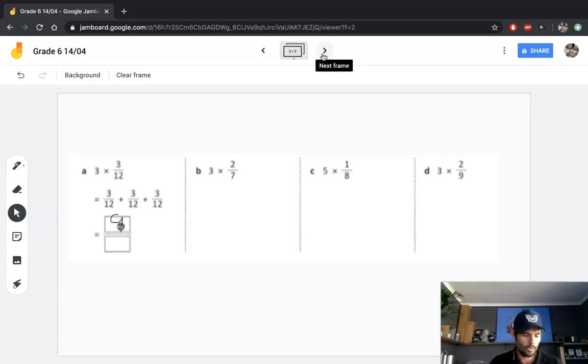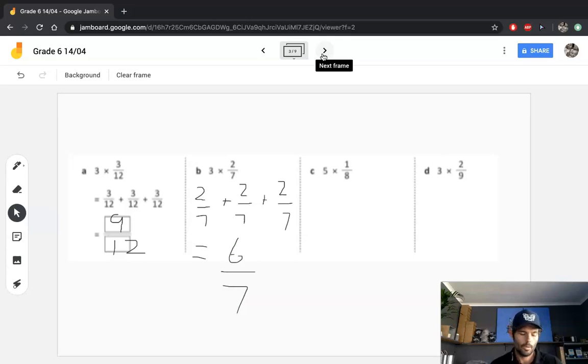And you know that your denominator is 12. Okay, so 3 times 2 over 7 is the same as 2 over 7 plus 2 over 7 plus 2 over 7. All the denominators are the same, so that's going to give me 6 over 7.